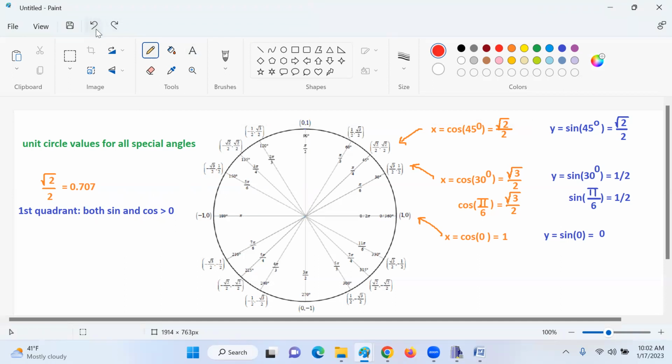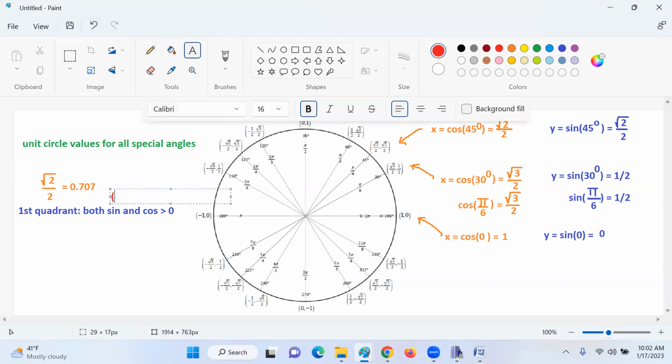I need to erase this, right? So for the second quadrant, I need to rewrite this first.